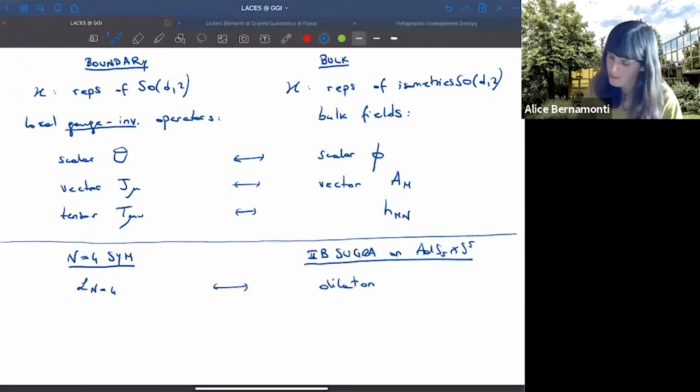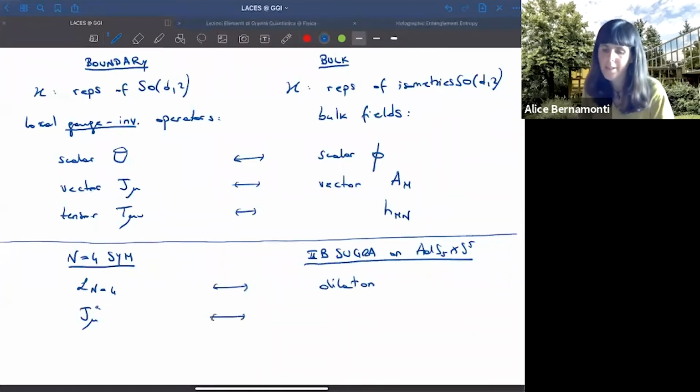Then the SO(6) conserved current, let me write it J_mu^A, corresponds to SO(6) gauge fields, which are obtained from the dimensional reduction on the compact S5. This matches with the general intuition that we wrote before.